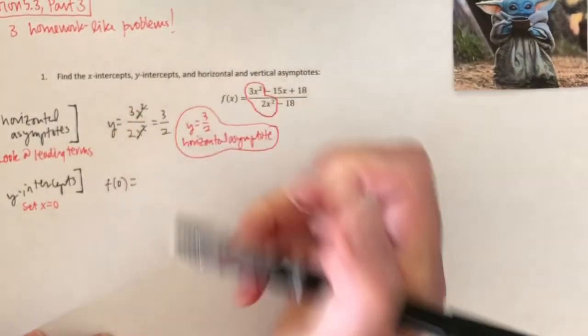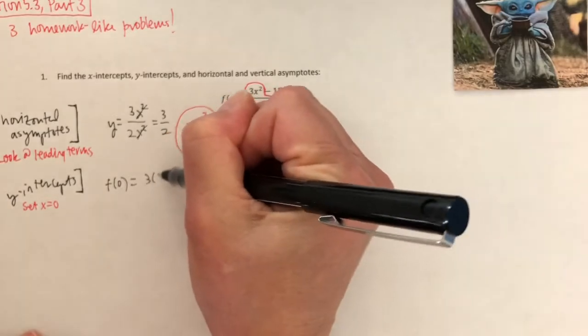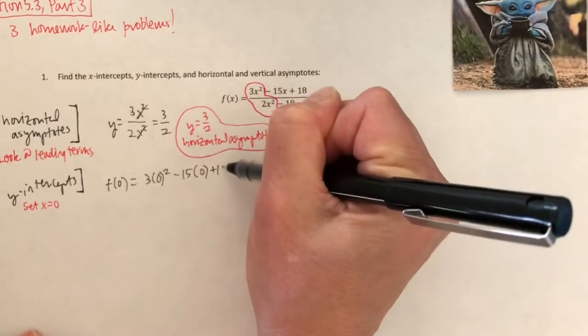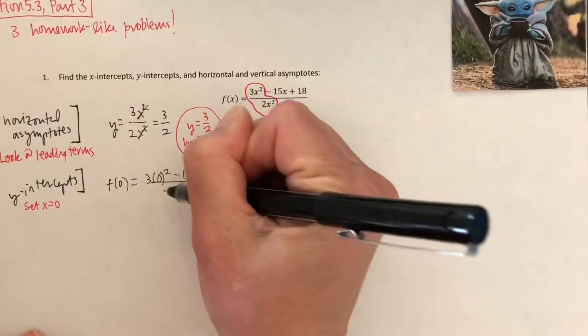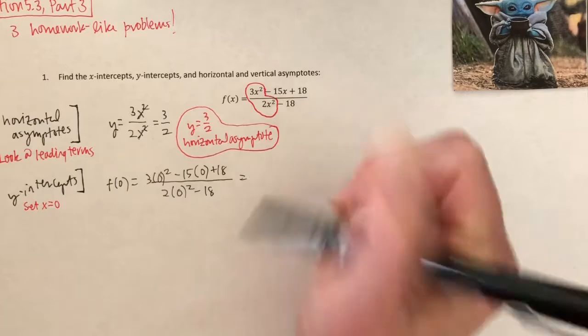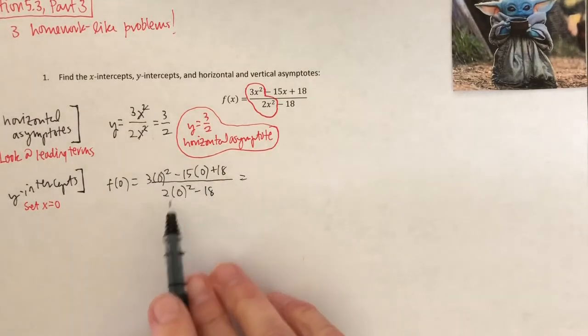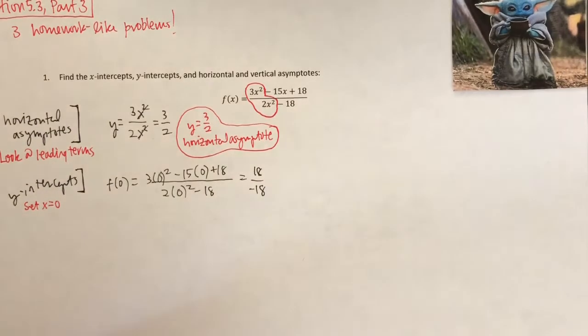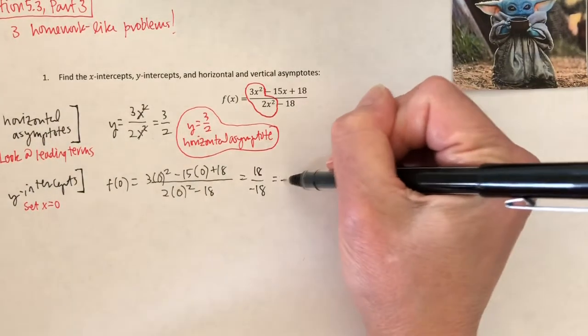So f of 0 equals 3 times 0 squared minus 15 times 0 plus 18, over 2 times 0 squared minus 18. This is 0, this is 0, this is 0, so we get 18 over negative 18, which is negative 1.